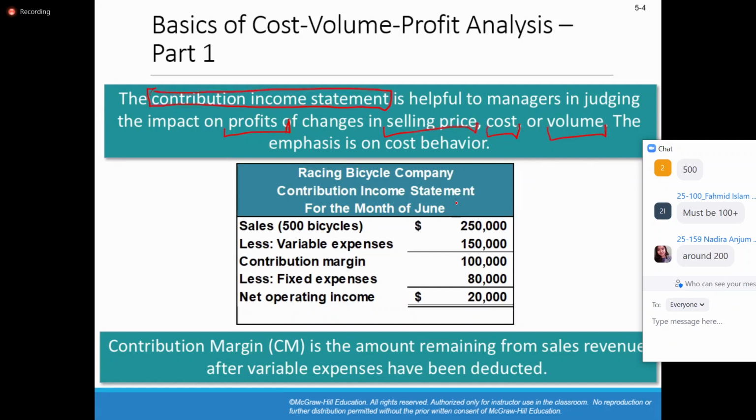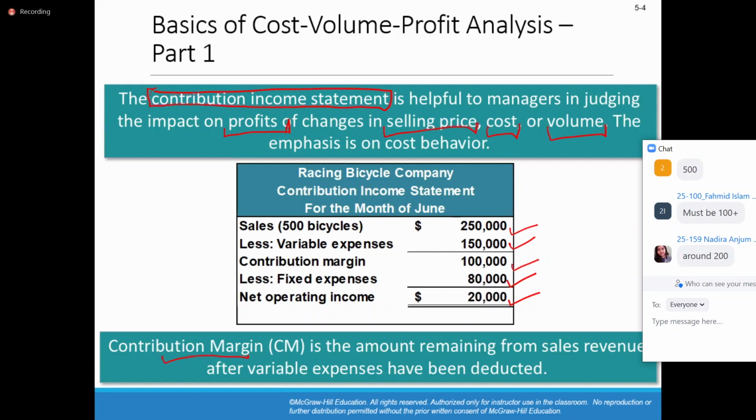So we have a standard contribution income statement of a racing bicycle company. If it sells 500 bicycles, we see that their sales volume is $250,000. If we subtract their variable expenses of 150,000, we see their contribution margin, and they incur this fixed cost, and they have this remaining net operating income of 20,000. The concept of contribution margin is as we learned in the previous lectures.